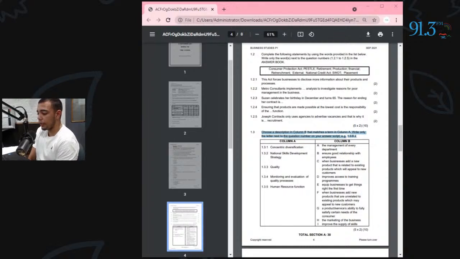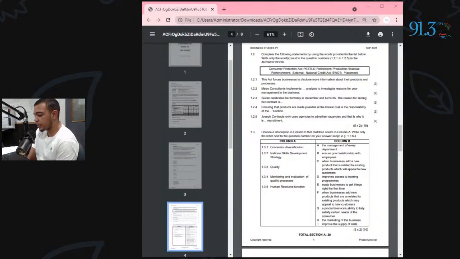We move over now to 1.3.2, National Skills Development Strategy. So basically we just break up the words, national skills. We're looking at the keywords training or some skill development that takes place. So the 2 answers that look quite similar that we'd go for are D and I. So improves access to training programs or improve the supply of skills.